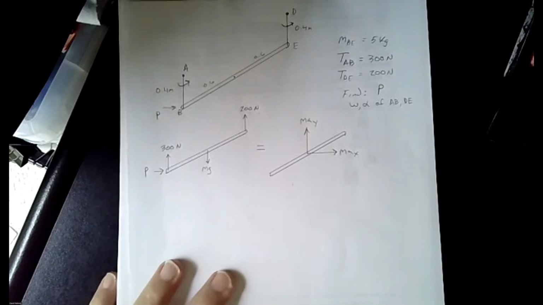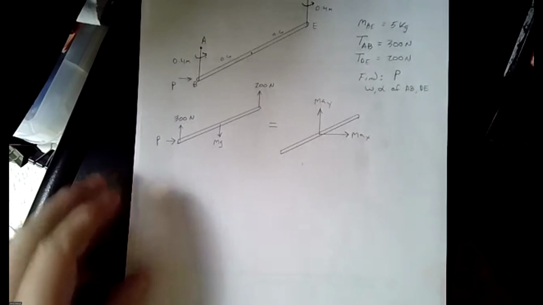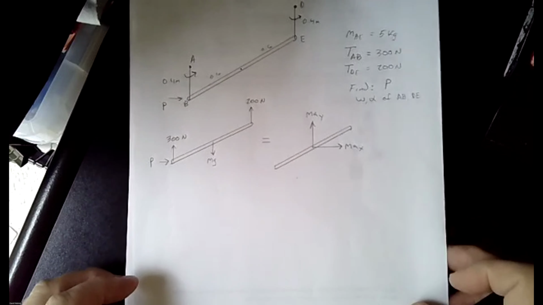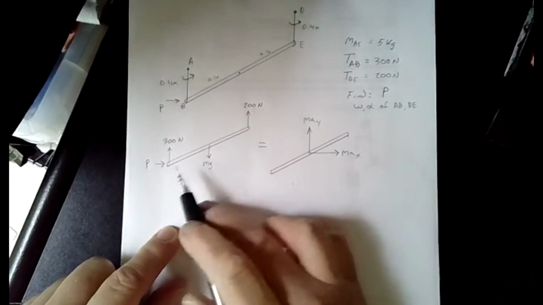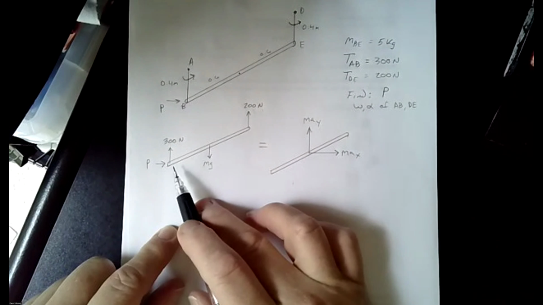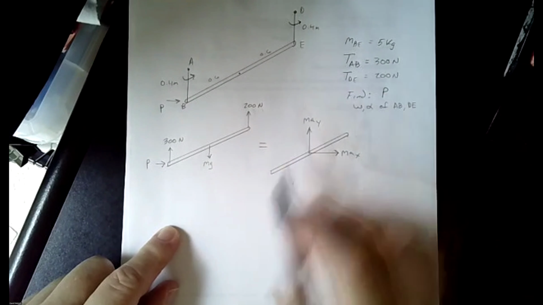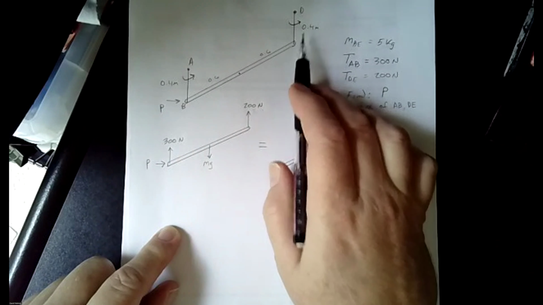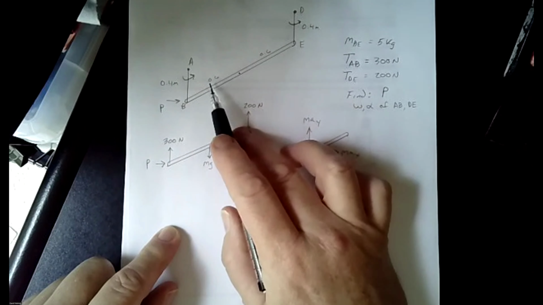Okay? Now, what do we have? This is our free body diagram, which I'm sure you paused the video to draw because you're a glutton for practice. And what did we get? We got P, and 300 newtons and 200 newtons, respectively, at AB and DE. We know their distance, 0.4 meters. We'll need that later. We know this is 0.6 meters.